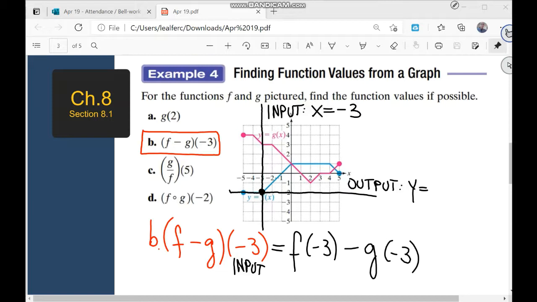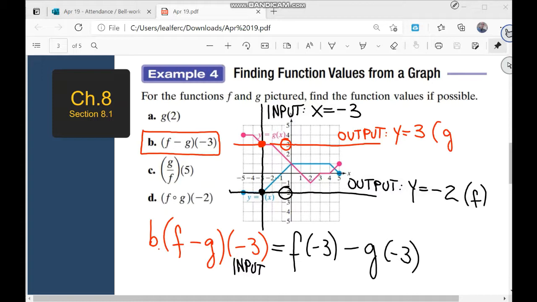Is y equals -2. Okay? This is for f. Now the output for g is the intersection between the vertical line and g. This is the intersection. And the output is y equals 3, which is g.